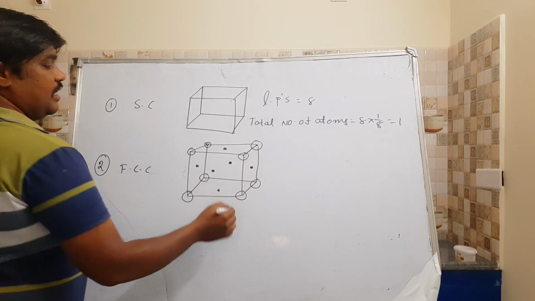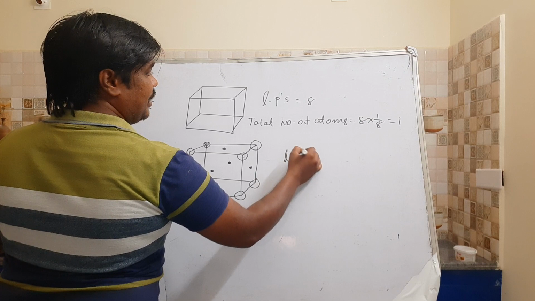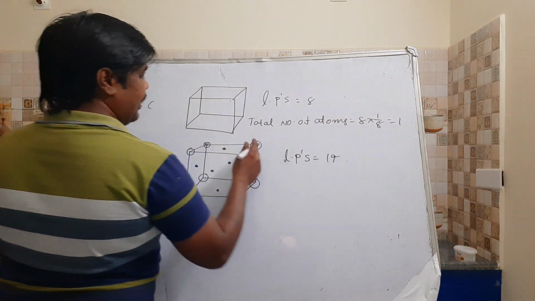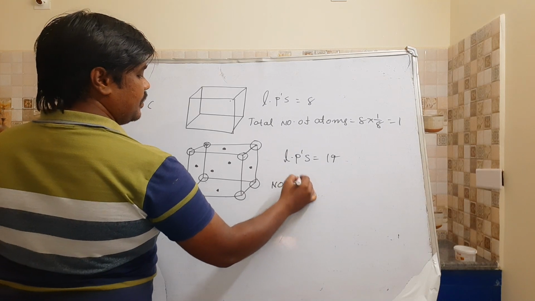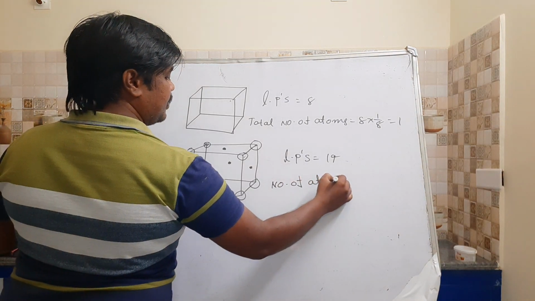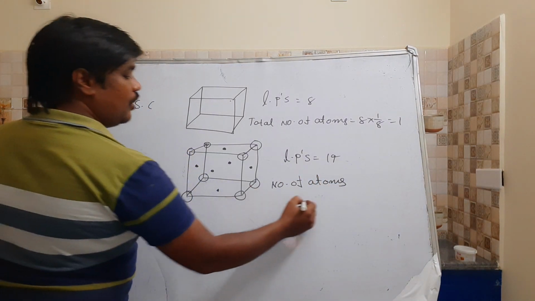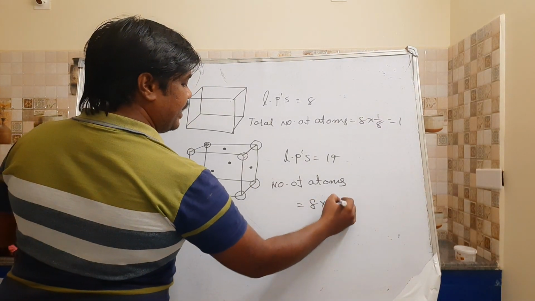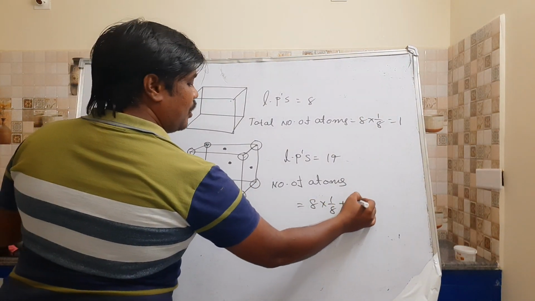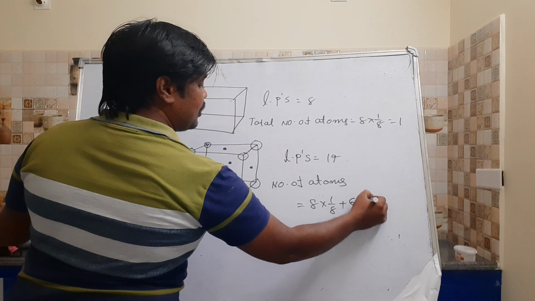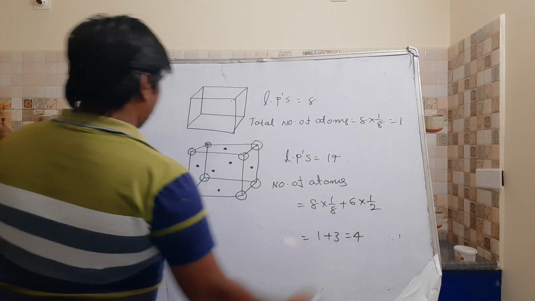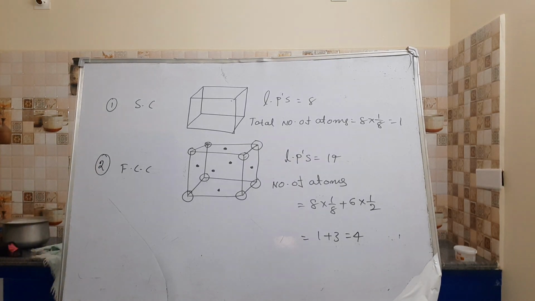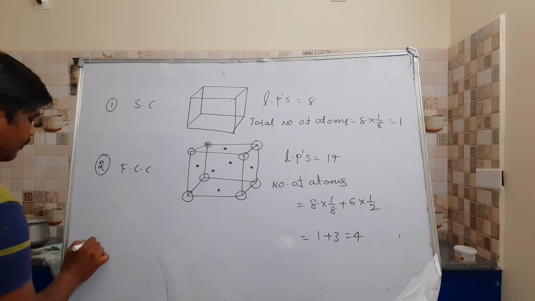This is FCC. Lattice points are 8 plus 6, 14. Number of atoms is equal to 8 corners, each contribution is 1 by 8, plus 6 face centers, each contribution is 1 by 2, 1 plus 3, that is 4. That is for FCC.